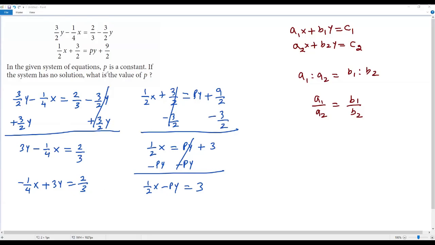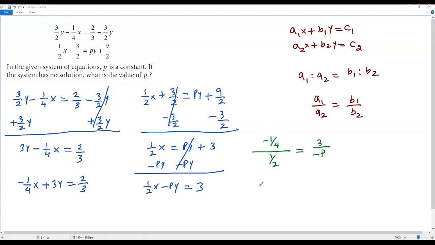Since the given system has no solution, the coefficients of x and the coefficients of y must be proportional. So on the left side, I write the ratio between the coefficients of x in the two equations. Then I'm getting −1/4 over 1/2. On the right side, I have to write the ratio between the coefficients of y, that is 3 and −p. Then I'm getting 3 over −p.